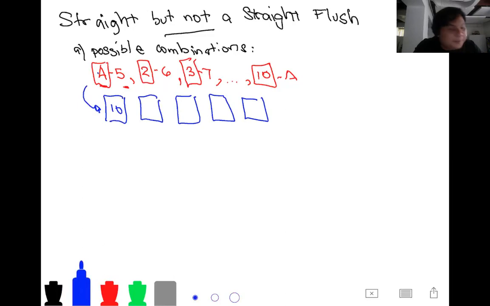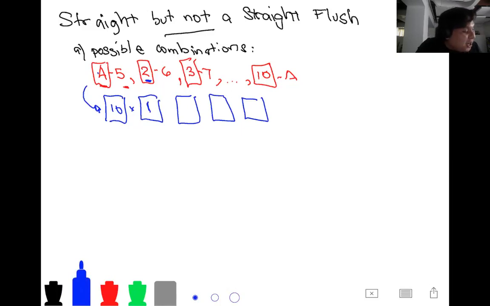However, once we go to the next card, there's actually only one choice left. Why? Let's say you begin with a 2. So the first card is a 2. Now, for it to be a straight, the next card can only be a 3.